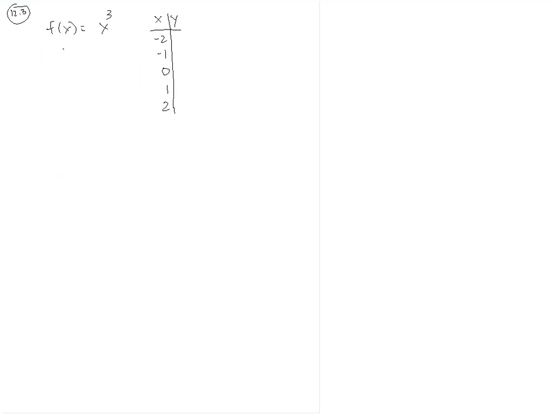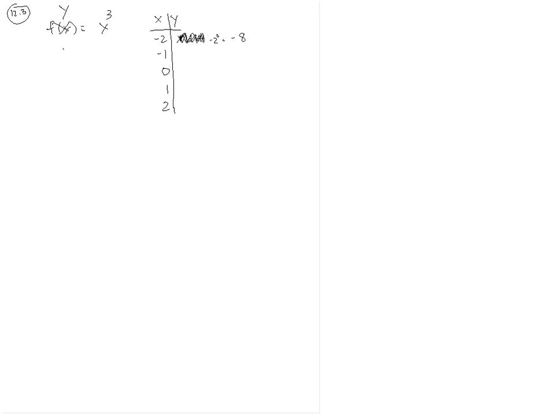So if I were to say x, because remember this is y, it would be x cubed. If I plug in a negative 2 for x, I get negative 2 cubed, which is negative 8.